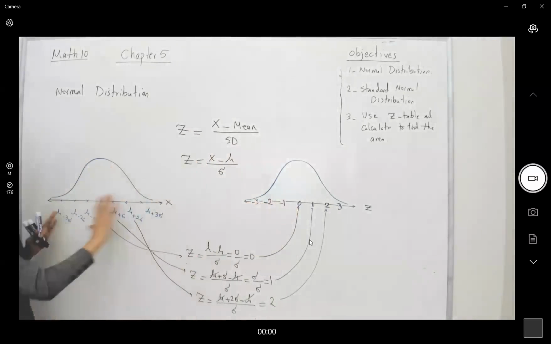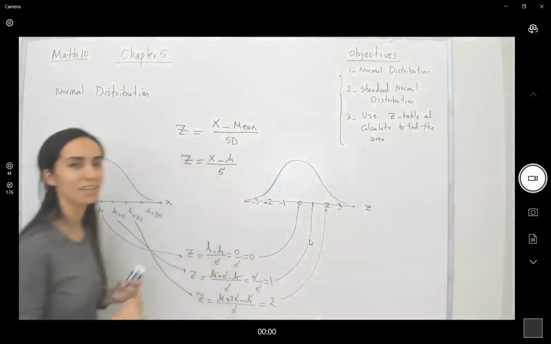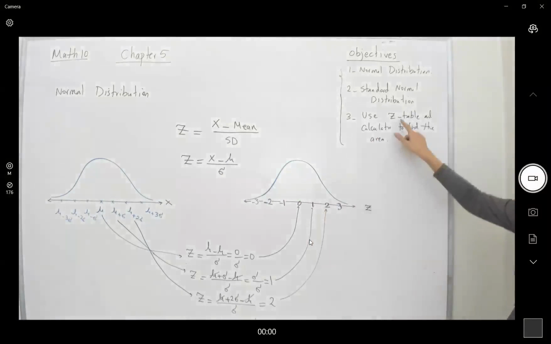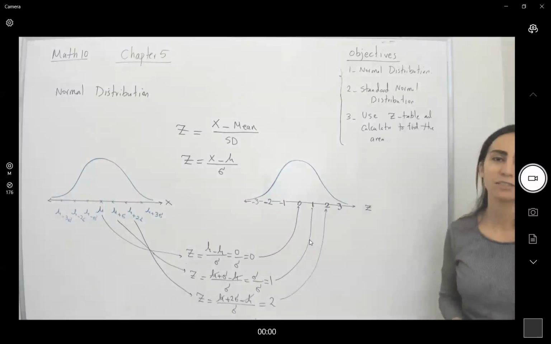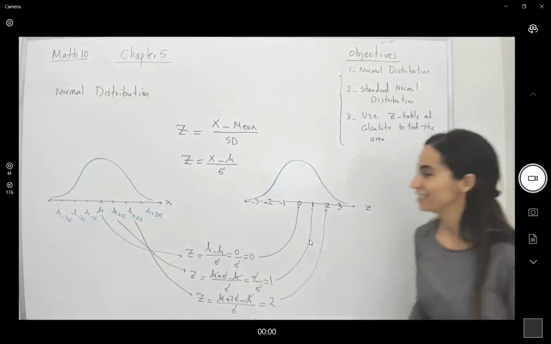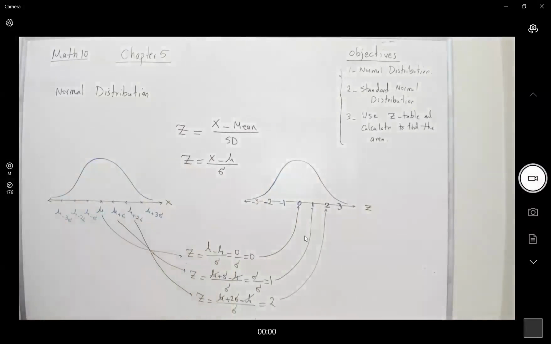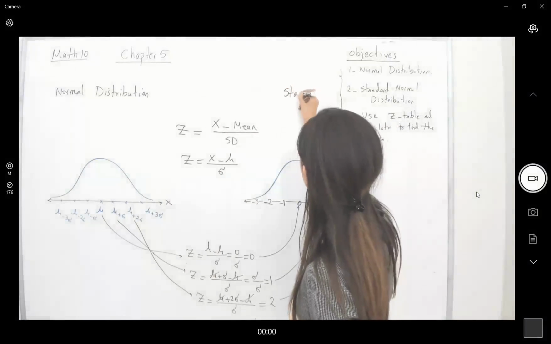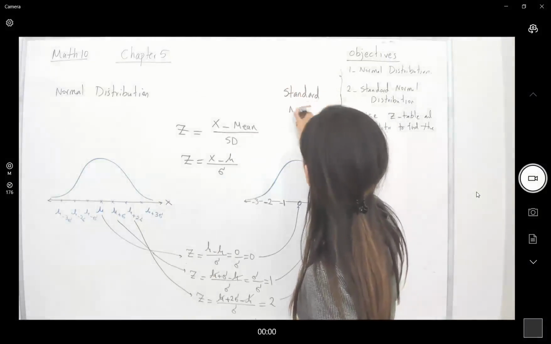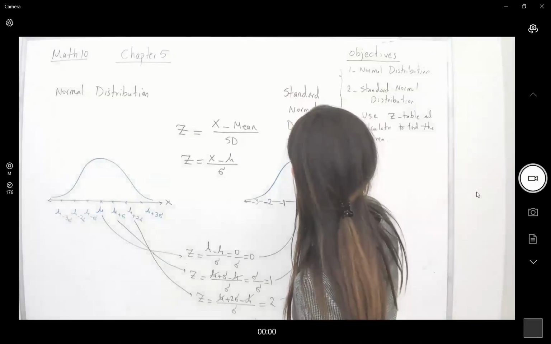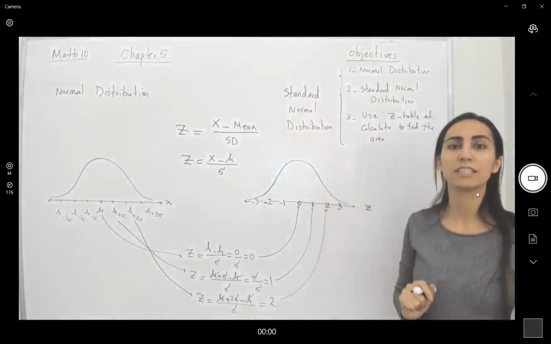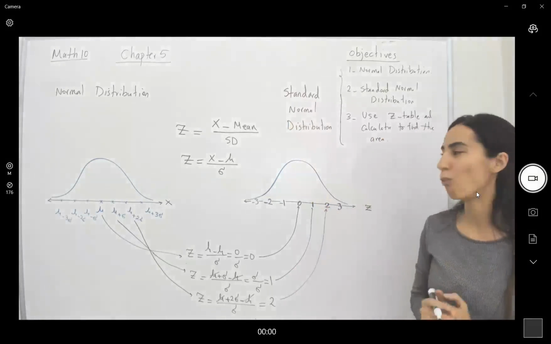So instead of working with x values, we can just work with z values. Remember that when we have z values, we can use a z table to calculate the area or probability. So we have a standard normal distribution, and the area is equal to 100% or 1.